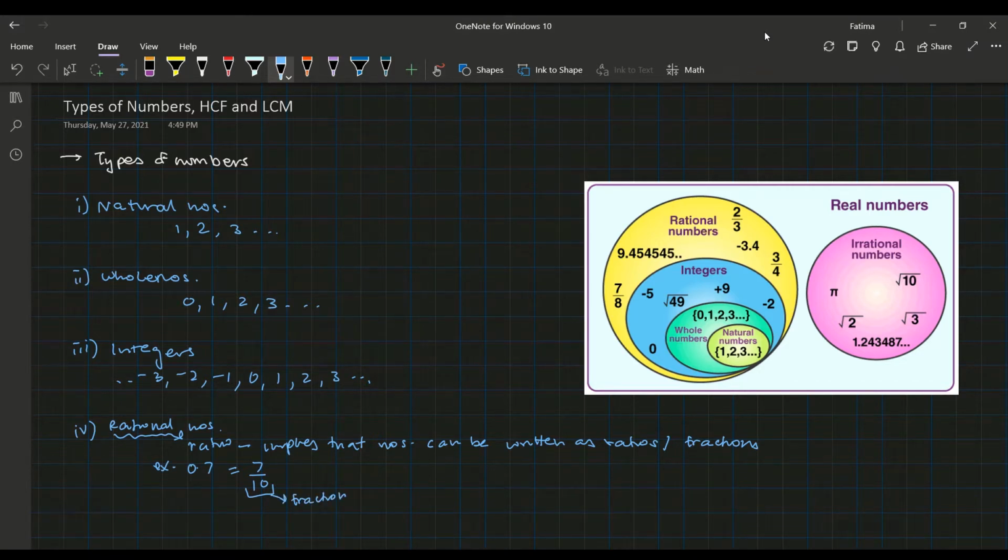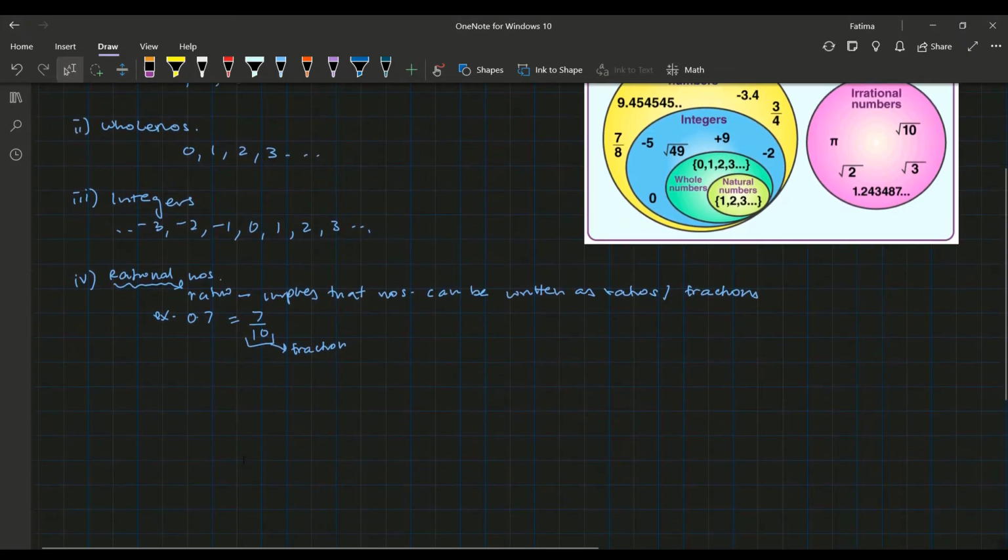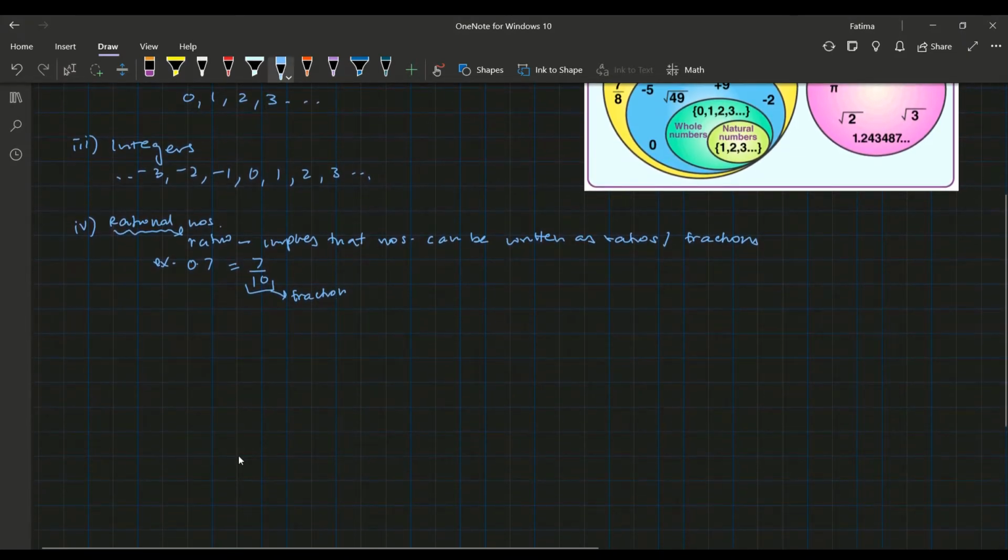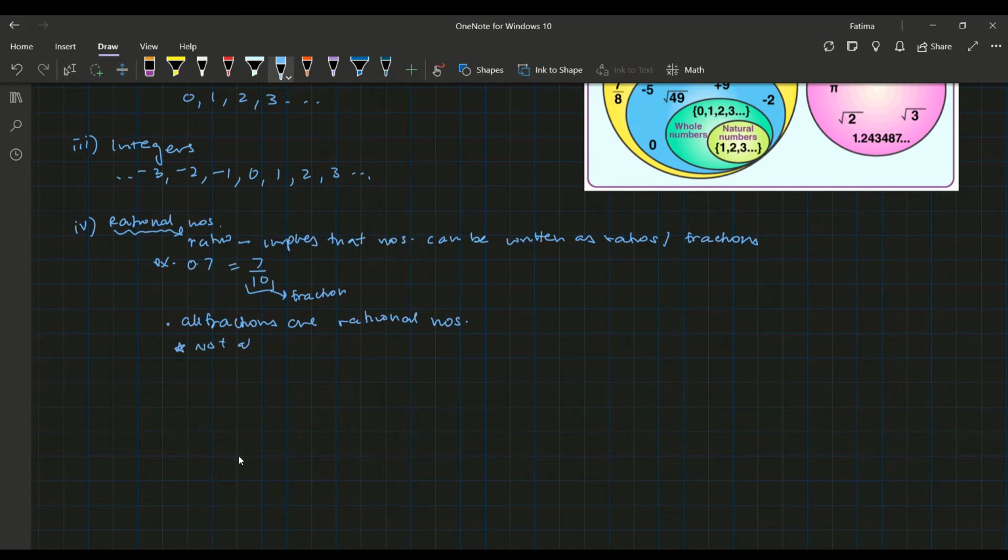Now this takes me to my second point, where you can imply that all fractions are rational numbers. But there's one important thing you should know, is that not all rational numbers are fractions.